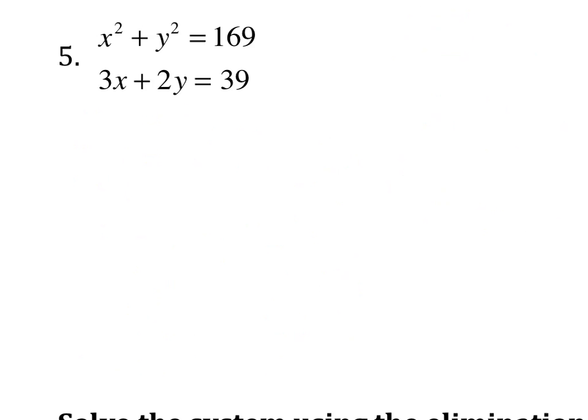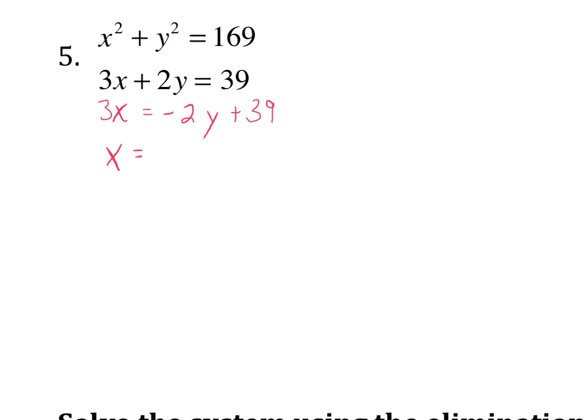For number 5, we have x squared plus y squared equals 169, and 3x plus 2y equals 39. So I'm going to isolate the x here. So I have 3x equals -2y plus 39. And then I'm going to divide by 3.